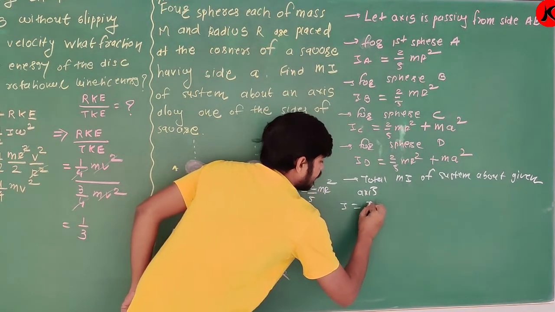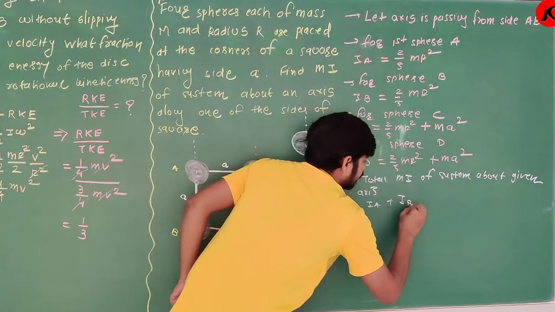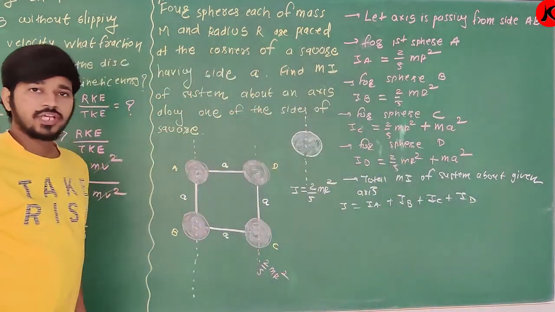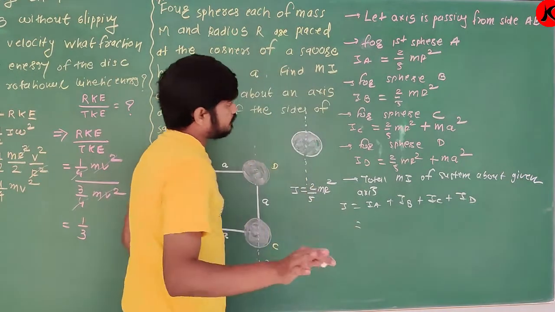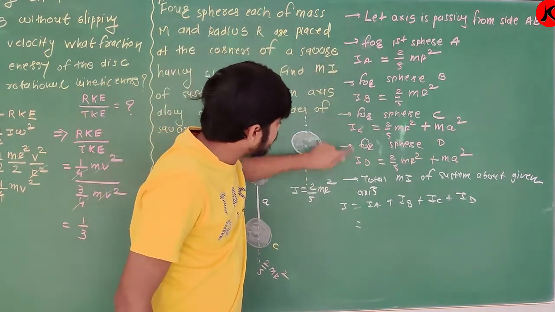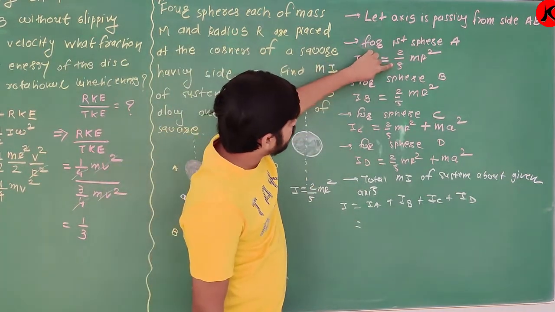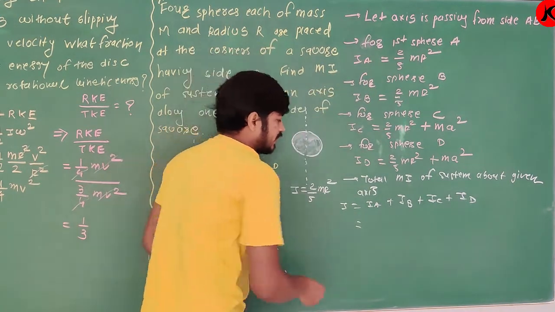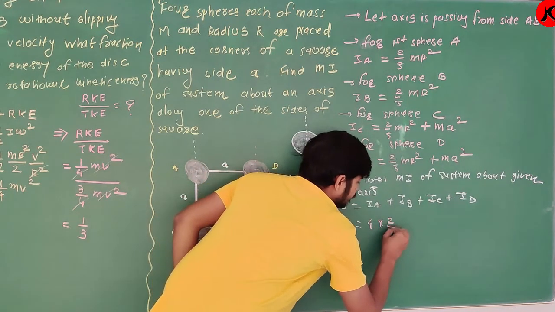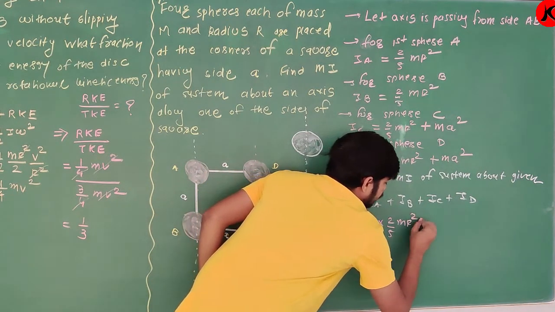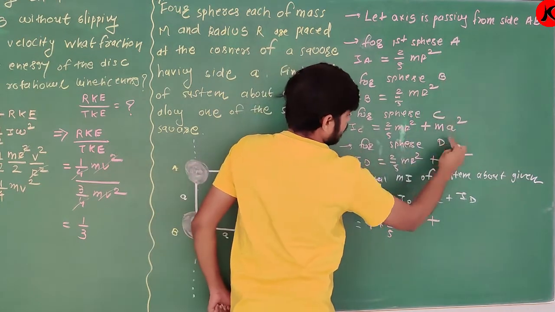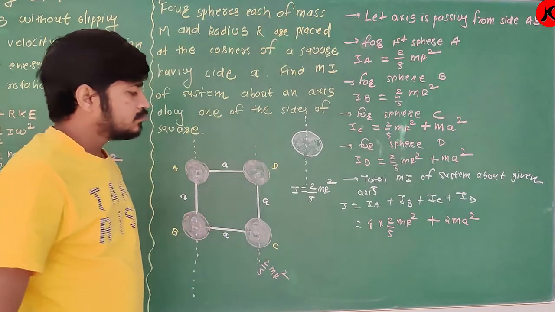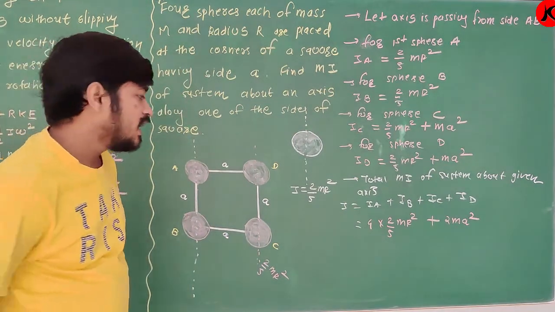I is equal to IA plus IB plus IC plus ID. Simple. It is 2/5 m r square plus 2/5 m r square plus 2/5 m r square plus 2/5 m r square. So I can directly write it as 4 into 2/5 m r square plus m a square plus m a square, which means it is 2 m a square.